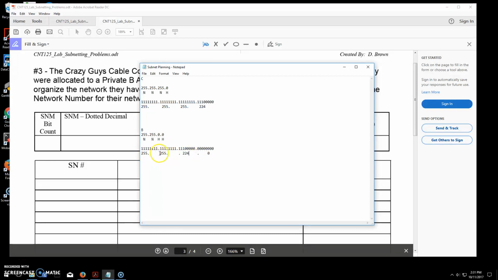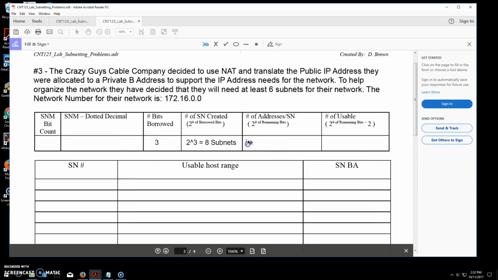I am now going to have 255.255.224.0. So this is going to leave me 8, 9, 10, 11, 12, 13 bits left. So we're now going to have 13 bits left for hosts. So we're going to have 2 to the 13.